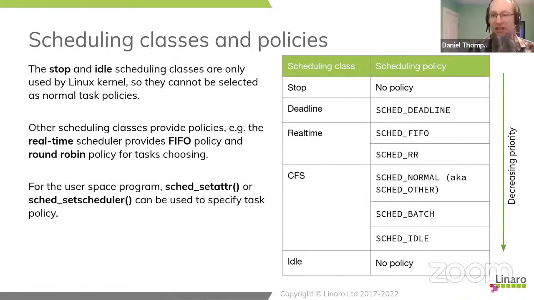So we have the reminder here of the mapping between scheduling classes and scheduling policies. The key thing about these two new scheduling classes we've introduced, stop and idle, is they do not have policies because they are not accessible to user space. The policy is immaterial. They just are scheduling classes that could have work to do or no work to do.